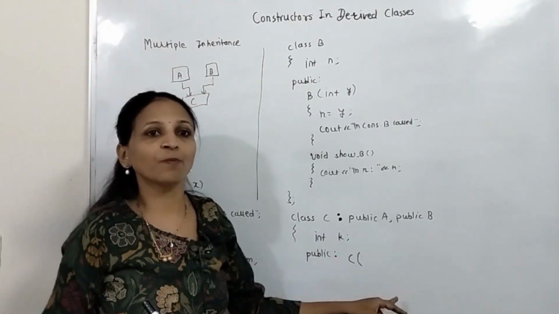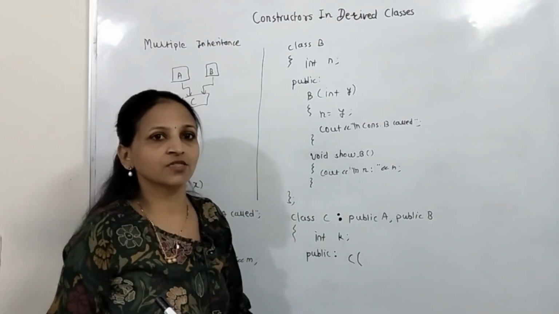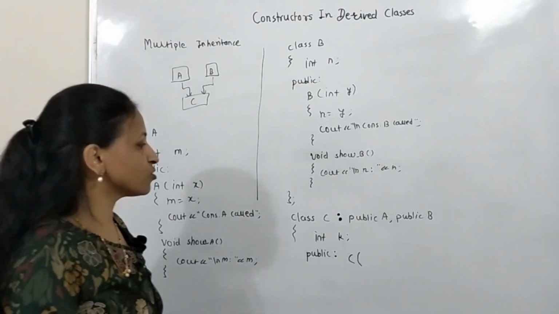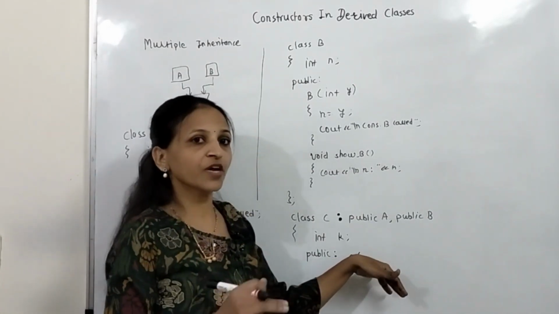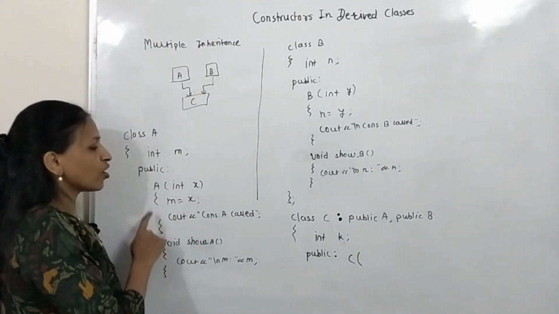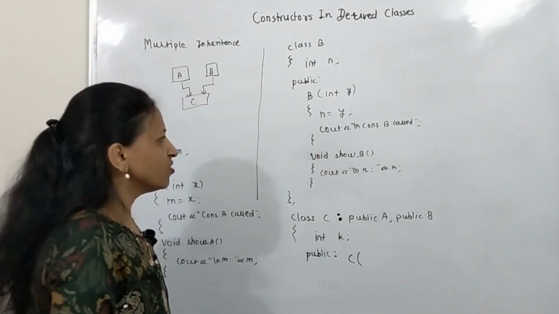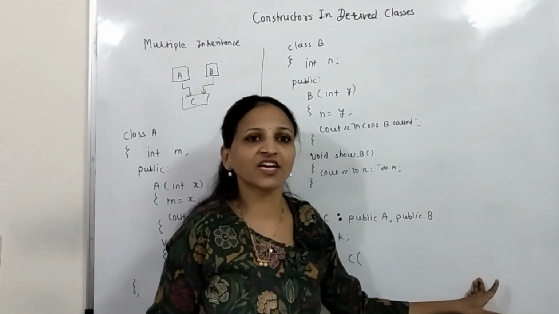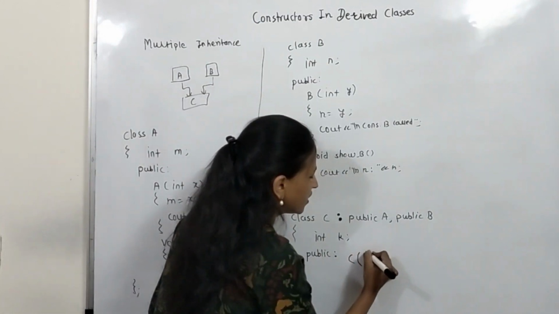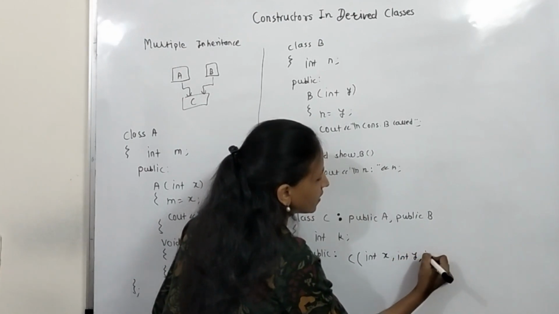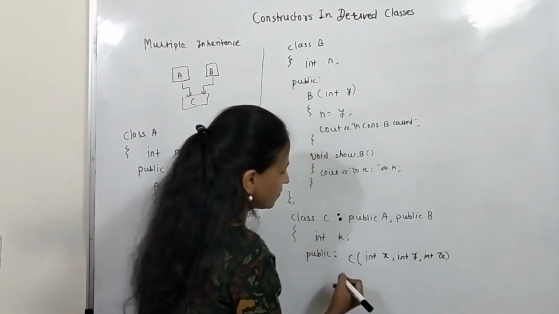And that's why we have to pass here 3 arguments, not only 2. You can pass only a single argument also, and use that value to call the base and derived constructors, that also you can do. But for simplicity I am passing 3 different arguments to this function. Integer, let x, then y, then z.